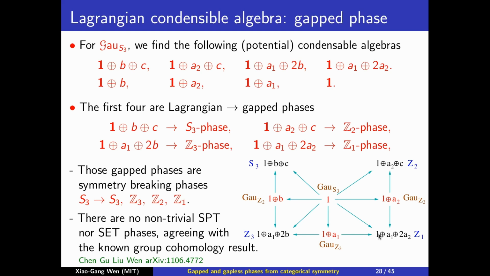So maybe there's some additional physics we should think about to fix this issue. But at least this point of view raises questions, and we can think in this way and try to make some progress. Okay. So this is the picture and the puzzle we get.